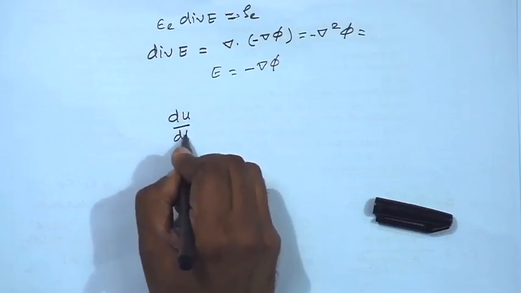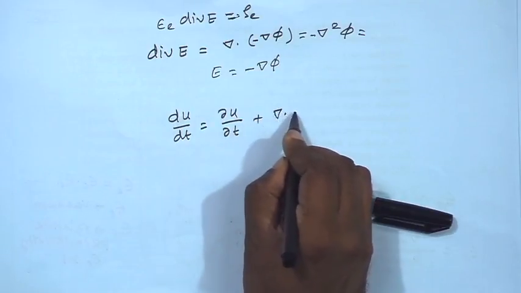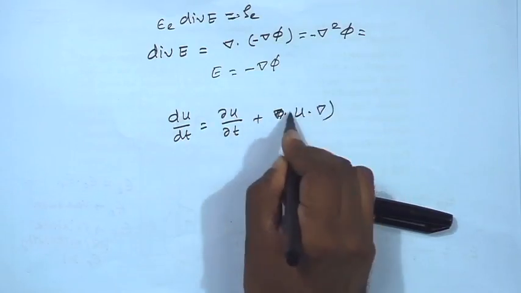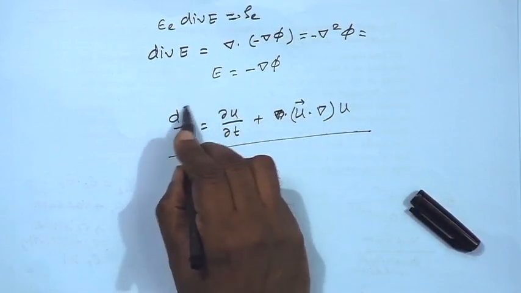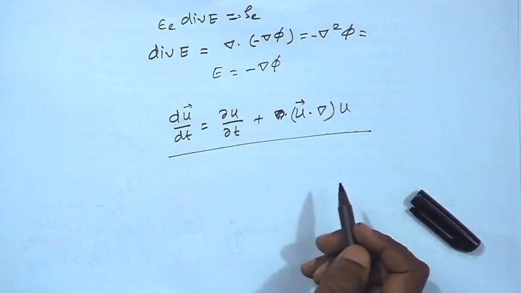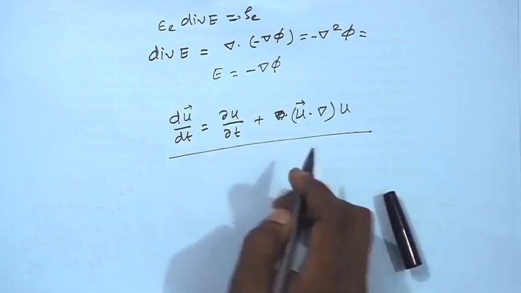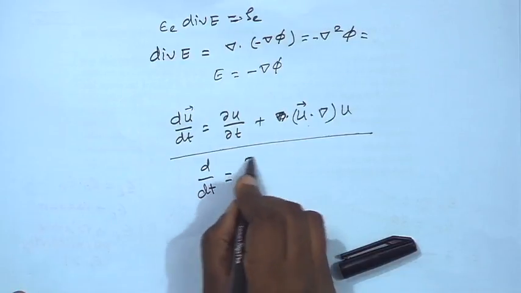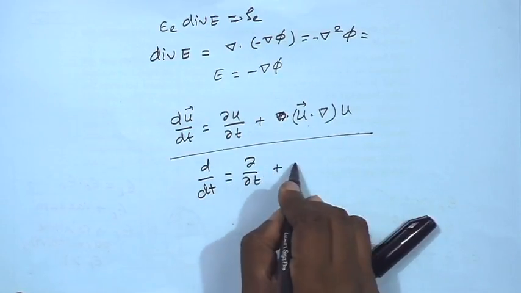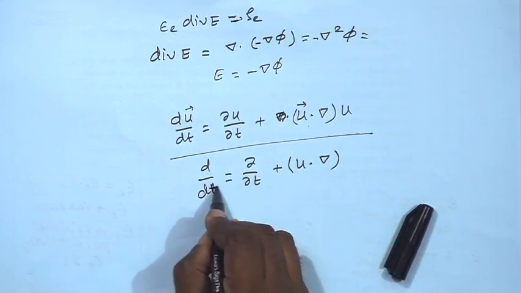So, Du/Dt in this case has the form, this is the way we define it, u is a vector, u dot grad u. This is referred to, in operator form, as del by del t plus u dot grad. So, this gives the operator form.